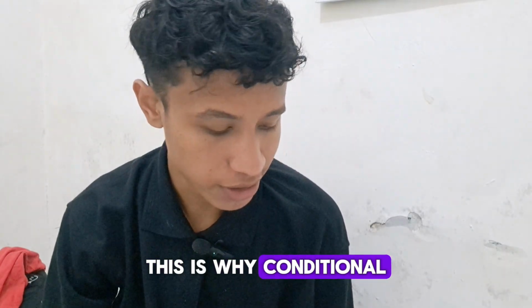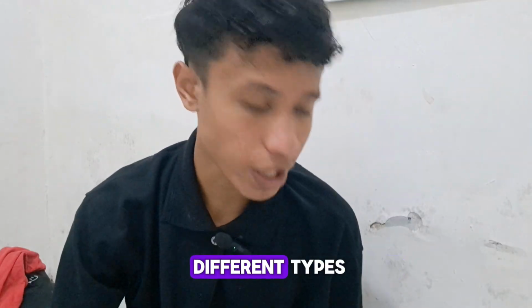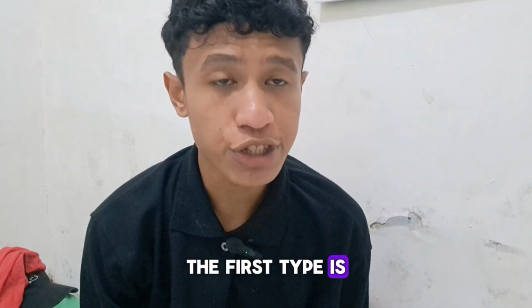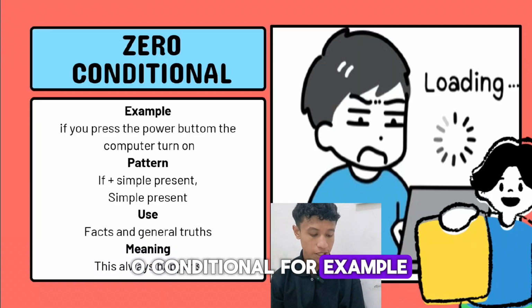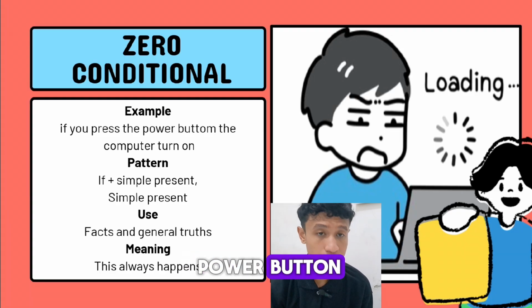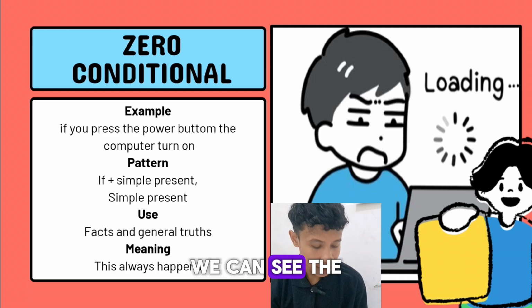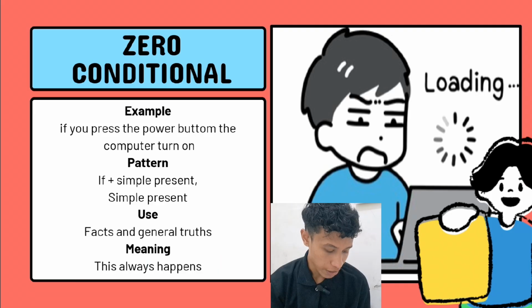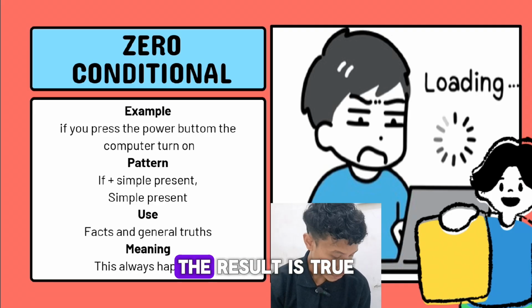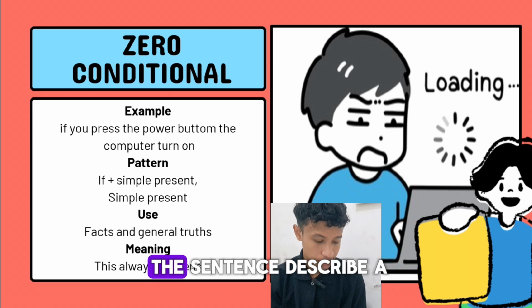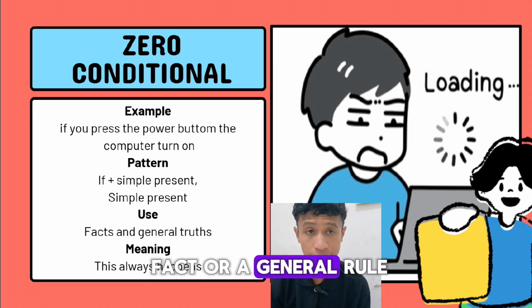This is why conditional sentences are divided into different types. The first type is zero conditional. For example, if you press the power button, the computer starts. From this example, we can see the result always happens. Every time the condition is true, the result is true. The sentence describes a fact or a general rule.